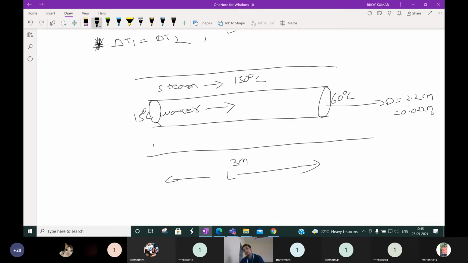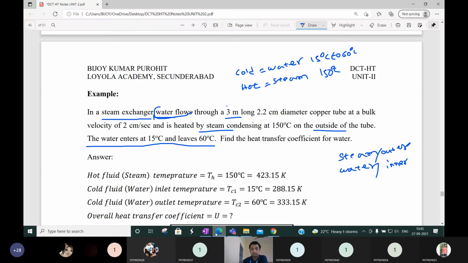Okay. And what else is given? The flow velocity. The water is flowing at 2 centimeter per second. Am I right? 2 centimeter per second.